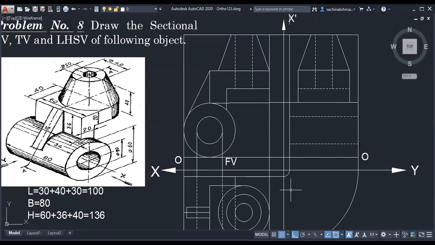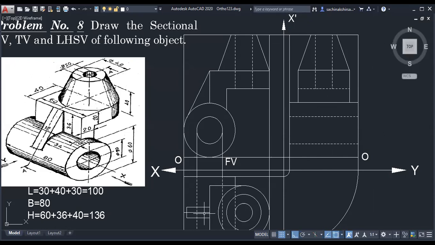Now what is remaining in this? याच्यामध्ये राहिले काय आता फक्त? Which part is remaining to draw in side view? Are you with me?